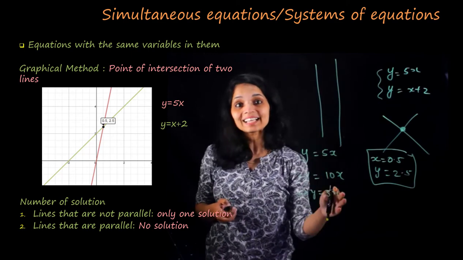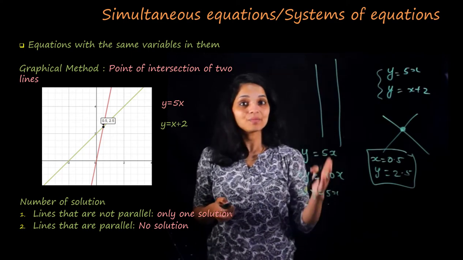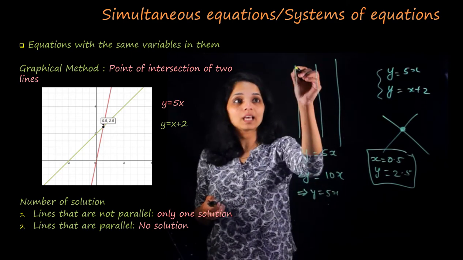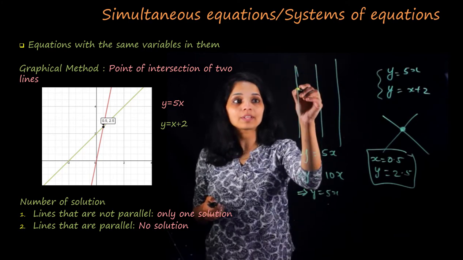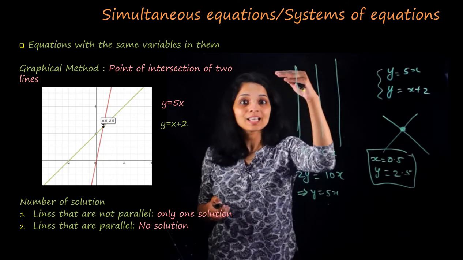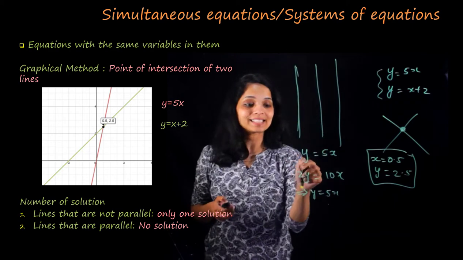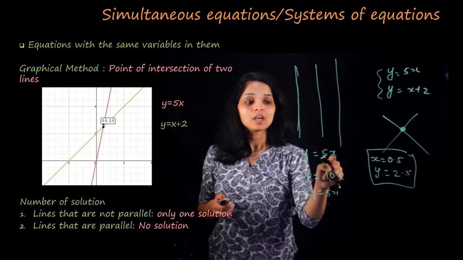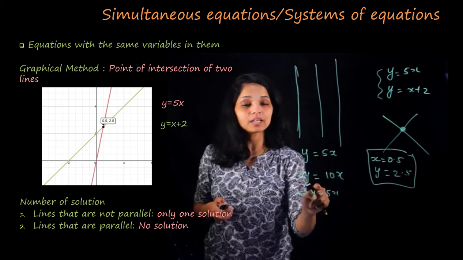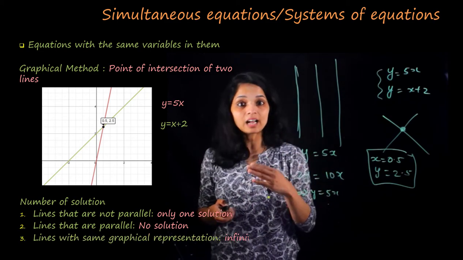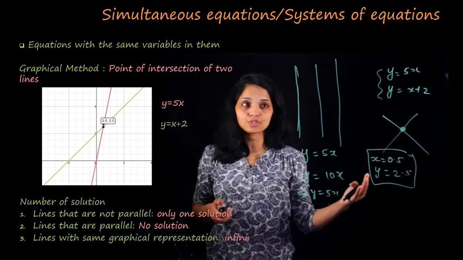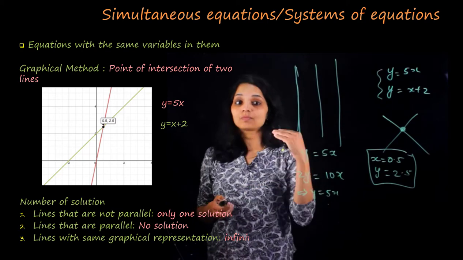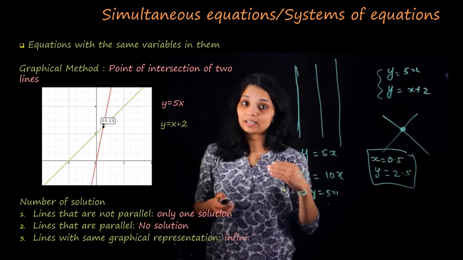If they are exactly the same lines, one line falls on top of the other. That means all the x and y values satisfy both equations. Whatever y and x values are true for this one will definitely be true for this as well. So there are an infinite number of solutions for these two lines which have the same graphical representation.